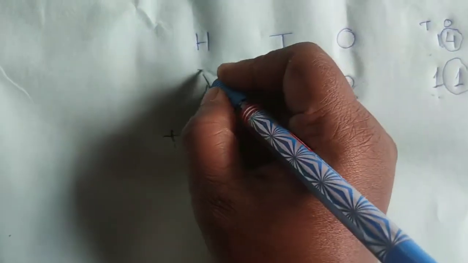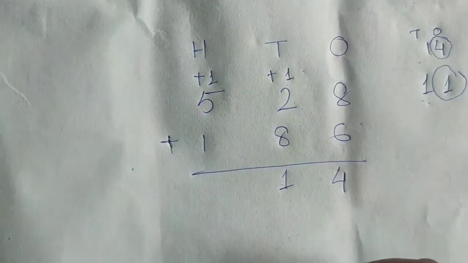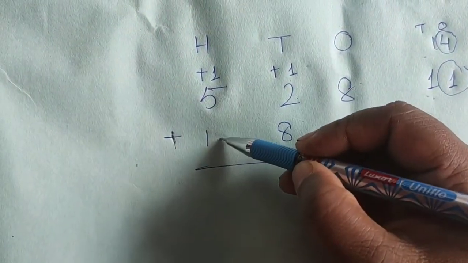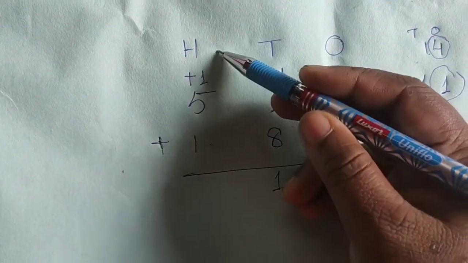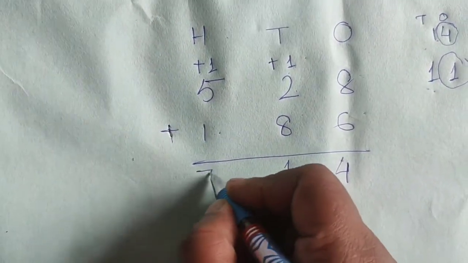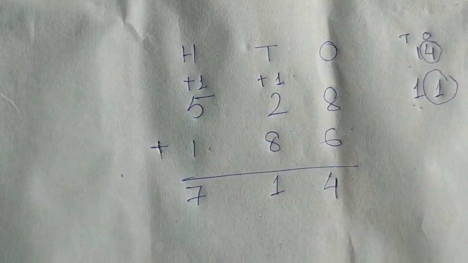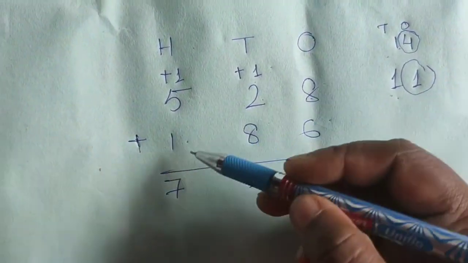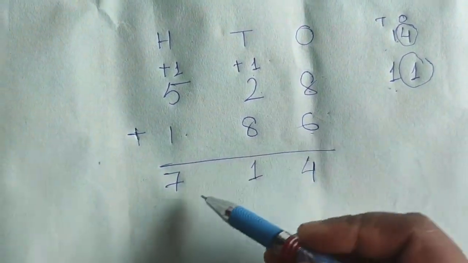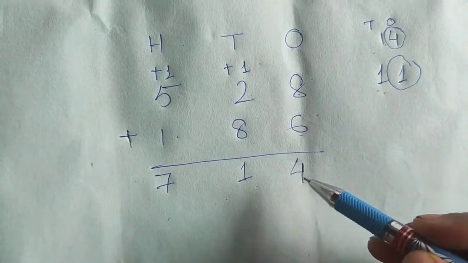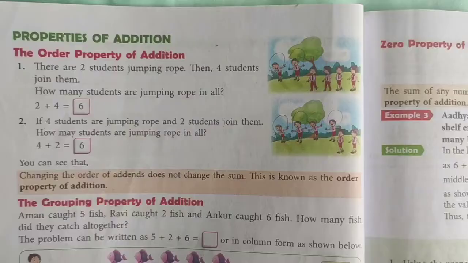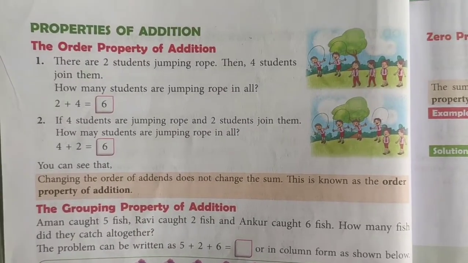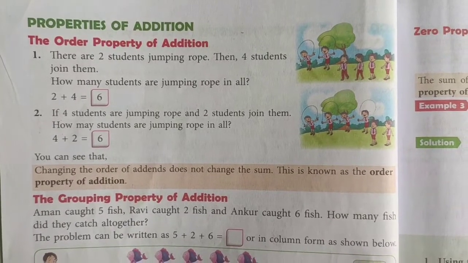So we will put 1 here, plus 1. 5 plus 1, how much? 6. 6 plus 1 again, how much? 7. So what is the result? 714. The sum of 528 plus 186 is how much? 714.